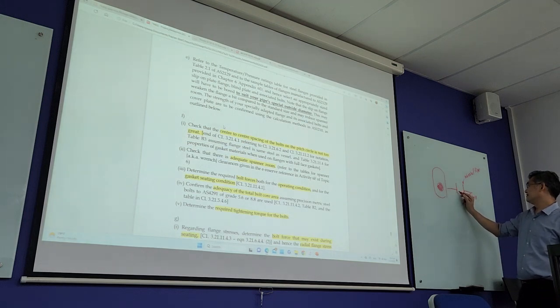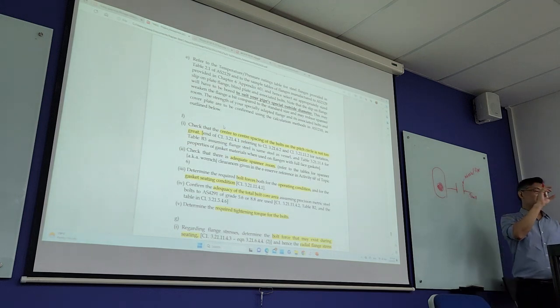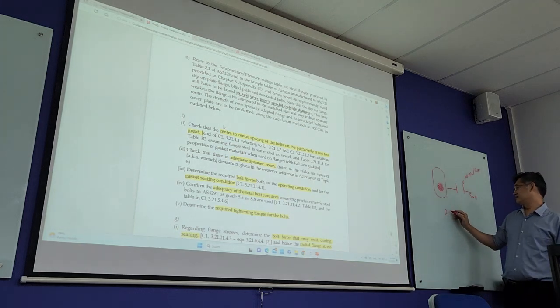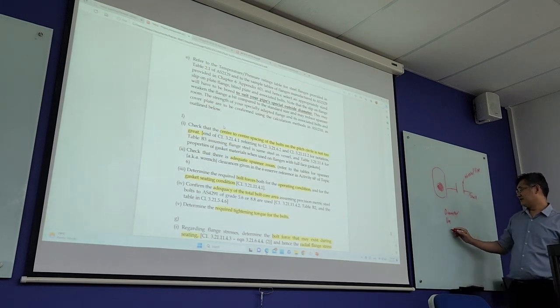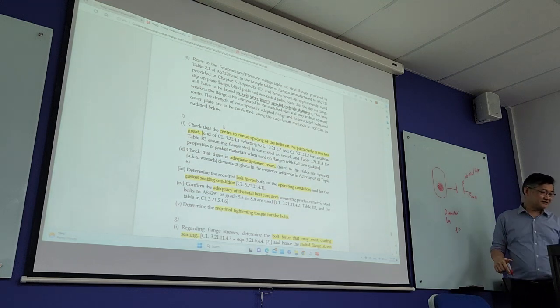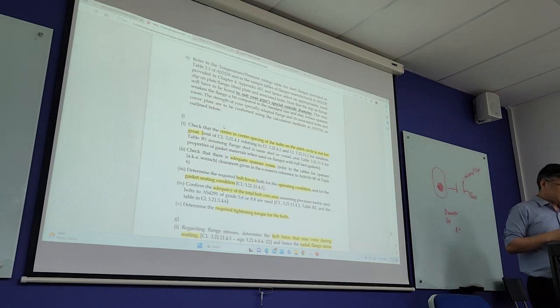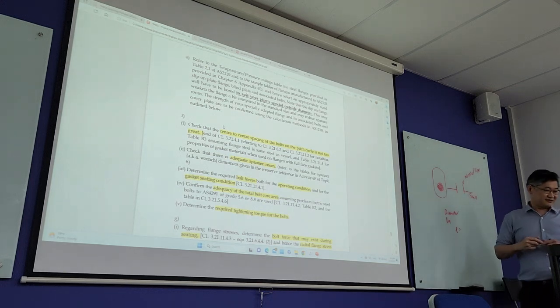As you know, later on after you calculate your vessel diameter as a VM, then you have to calculate the thickness. The other day we talked about thickness.